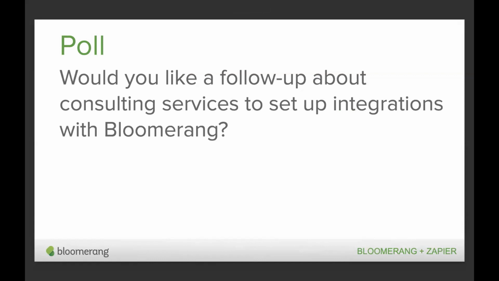Yes, so there is a way. Typically what we would do is set up what we call a clearinghouse or a review queue in a tool like Google Sheets. All of the data from the donation, including the donor's information and the donation information, could write to a Google Sheet.